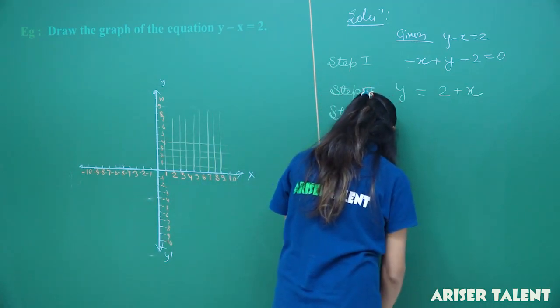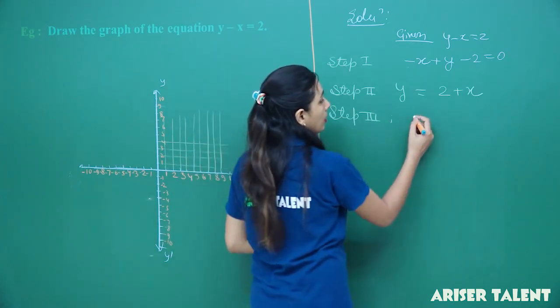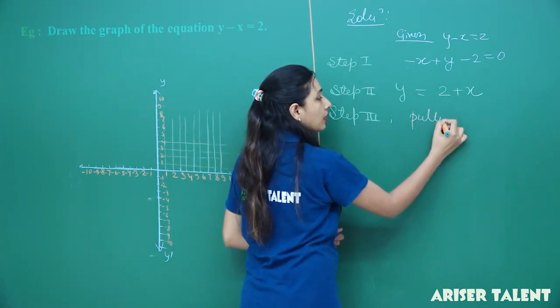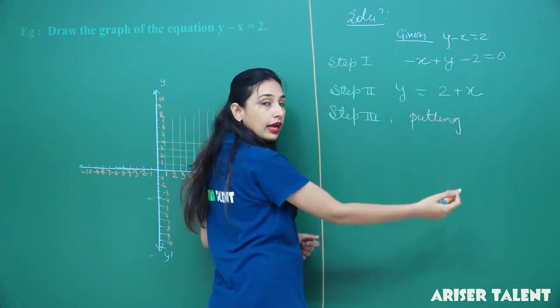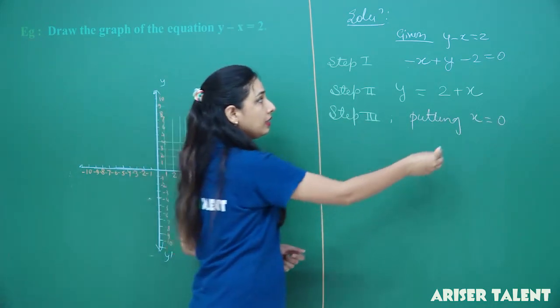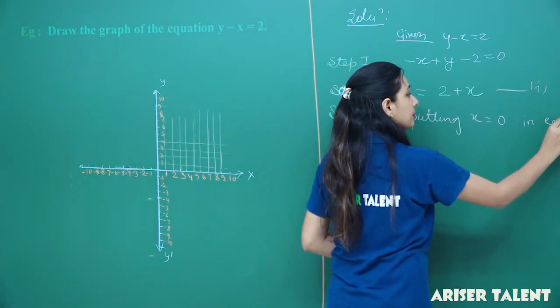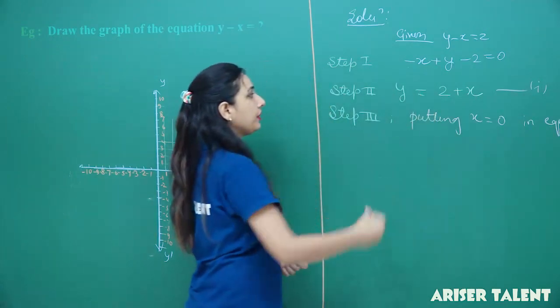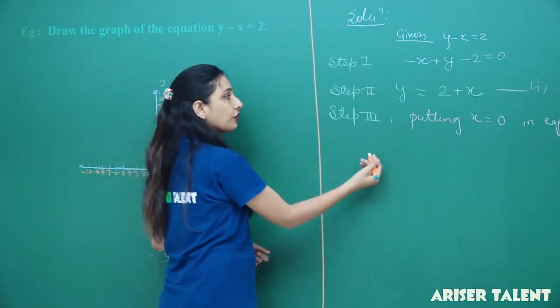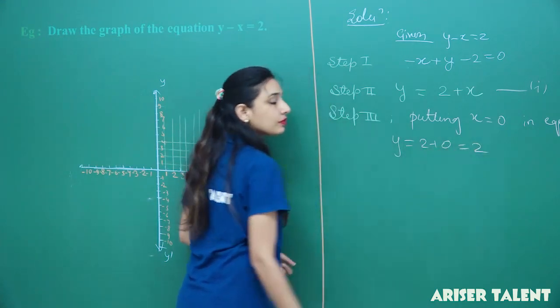What you have to do is just put x equals 0, students, in equation 1. So if you are putting x equals 0 in equation 1, y will be getting 2.